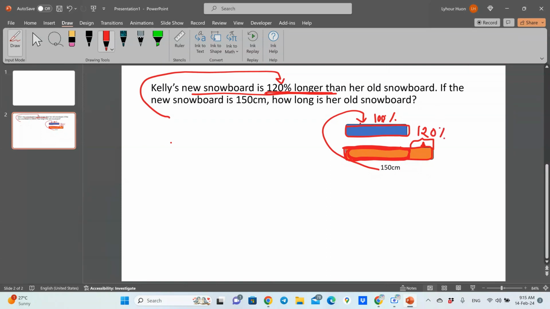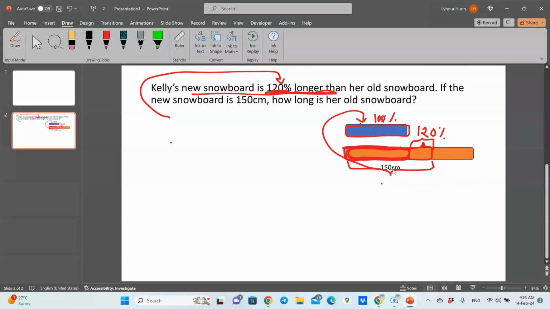That is what they say. It's 120% longer. So compared to the old one, the total length should be... the total length should be 150, right?